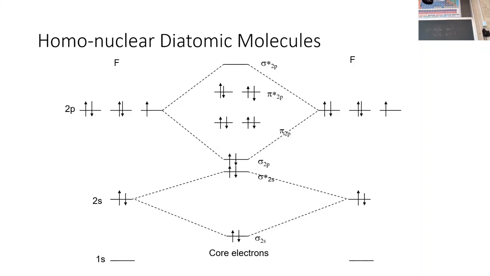But if I take away an electron from the fluorine, and so I have F2 plus, I'm taking away the topmost one, right? And that's antibonding. Now I have fewer antibonding, and my overall bond structure gets stronger.